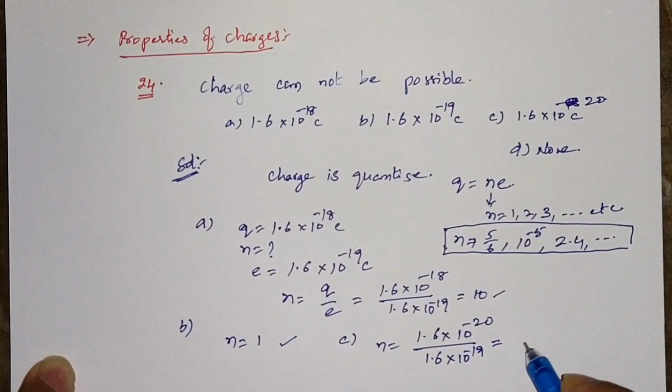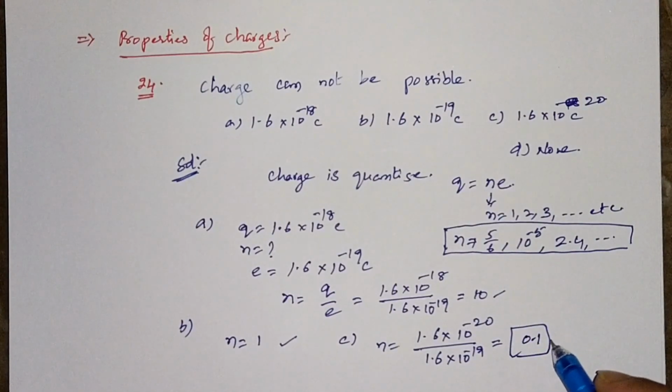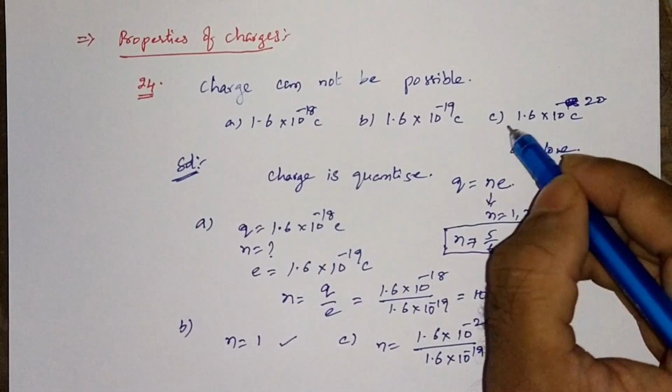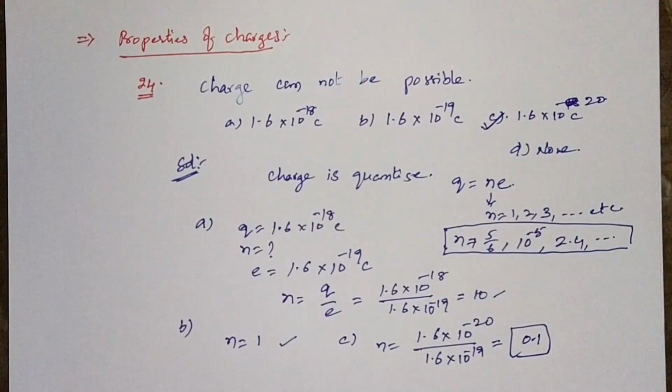What do you get? Yes, you will get 0.1. So N value cannot be a fractional decimal value, so this is not possible. Our answer is C. Clear? Very good.